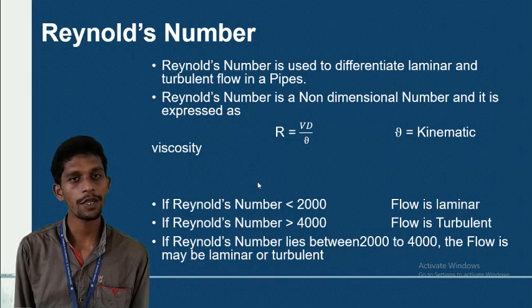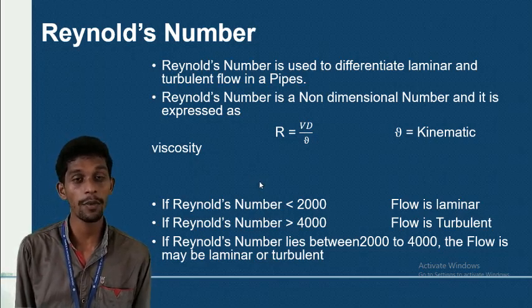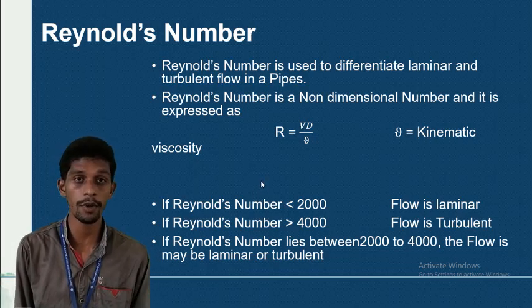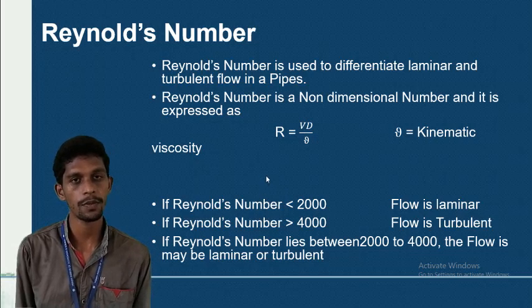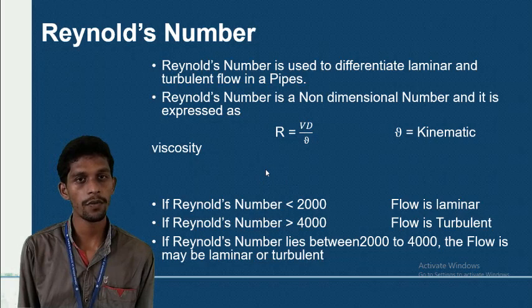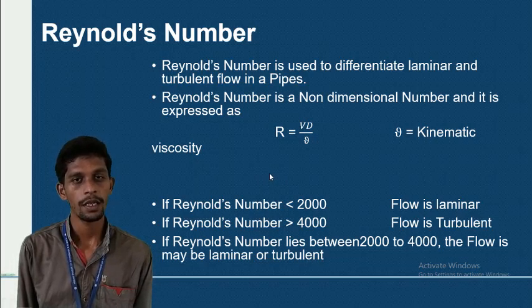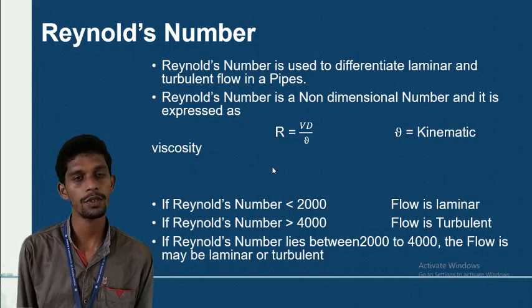Yes, if it lies between 2000 and 4000, the flow might be laminar or might be turbulent. It consists of both types of flows, partly laminar and partly turbulent flow. Clear? This is about the Reynolds number which differentiates the two flows, laminar and turbulent flow.